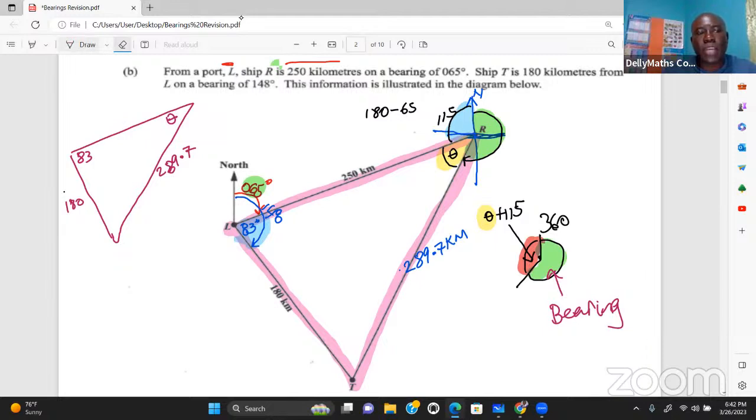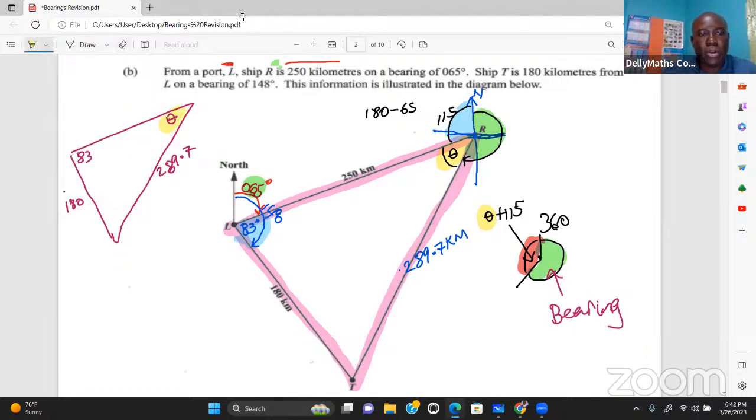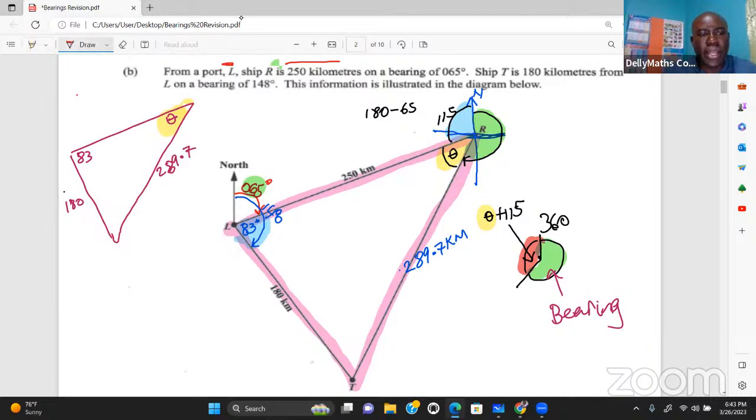Now, we might not need this 250. I want us to focus on what we want. So this is the piece in yellow. That's the angle. Let me go back, get my yellow angle there. Angle in yellow, right here. We want that to add to the 115. So let us take a closer look at everything that's going on, right? If you really look, we have this angle and we have the side opposite to it, right?